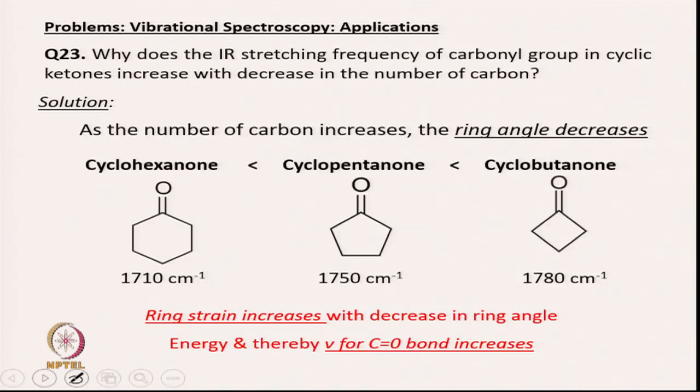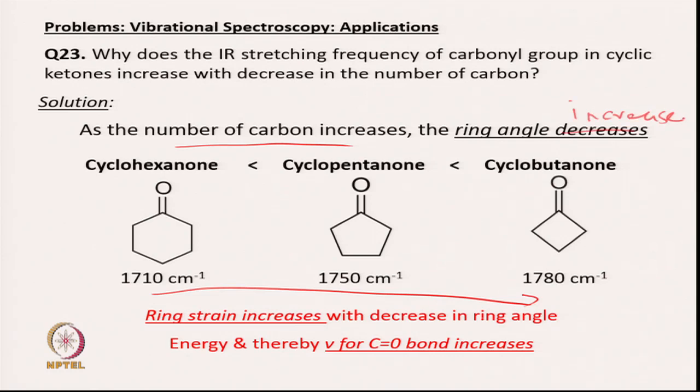Now, we will look at how the IR stretching frequency of the carbonyl group in a cyclic ketone changes with the number of carbons in the ring. When the number of carbons in the ring increases, the ring angle increases.